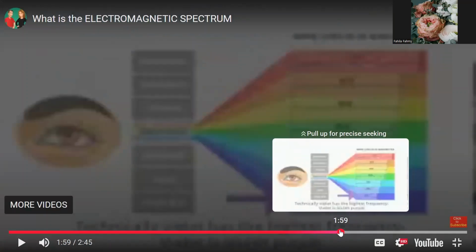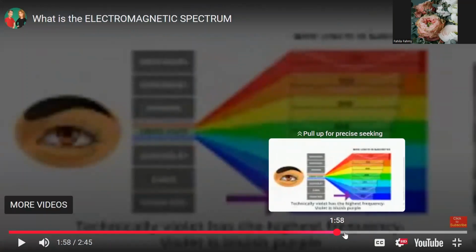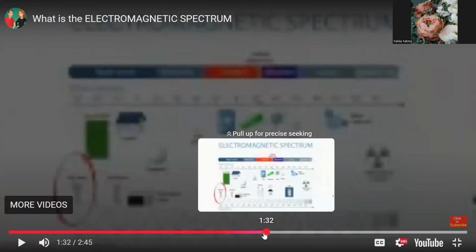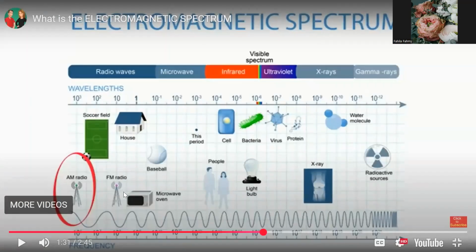Okay, so over here they compare the electromagnetic spectrum, right? He is discussing the wavelength. A soccer field, the wavelength of one wave is so big. Can you understand?